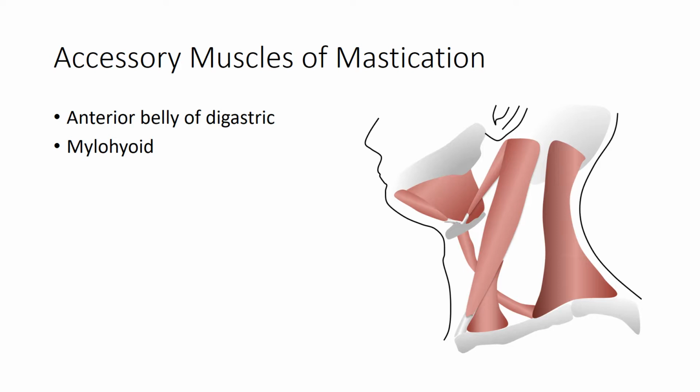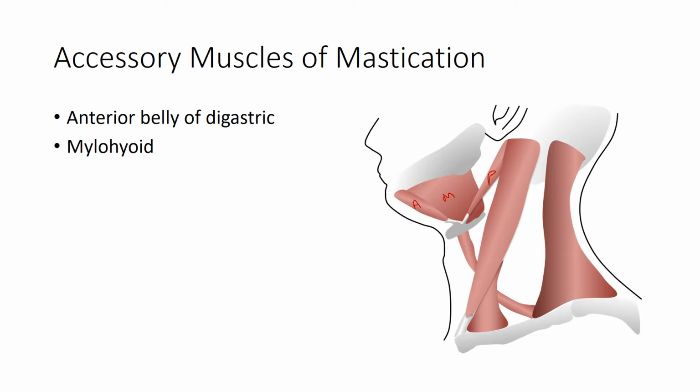The accessory muscles of mastication are the anterior belly of the digastric muscle. Here's the posterior belly, but the posterior belly is not considered an accessory muscle of mastication. The mylohyoid muscle is here, and that is also an accessory muscle of mastication.